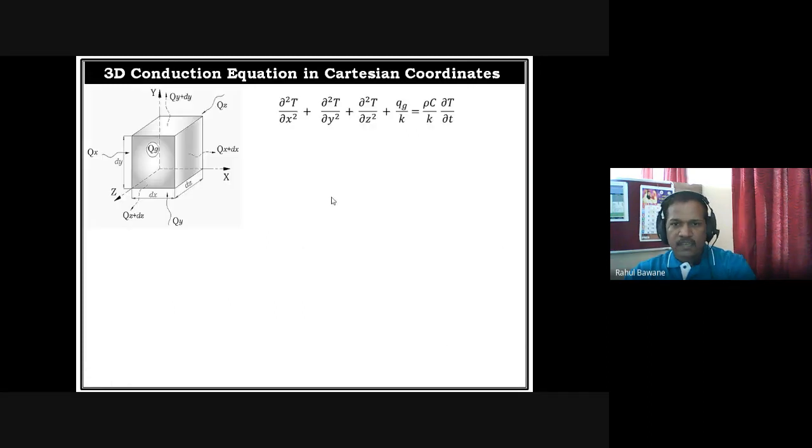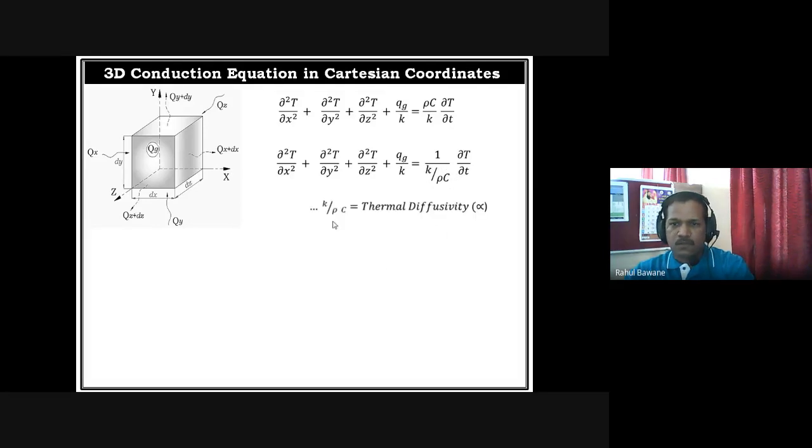Now rearranging this, if we shift this rho C into the denominator, it becomes 1 upon K upon rho C, and K upon rho C is nothing but the thermal diffusivity. So we can put in the value of thermal diffusivity, because many times in numericals thermal diffusivity is given. In that case we have to use this alpha value.